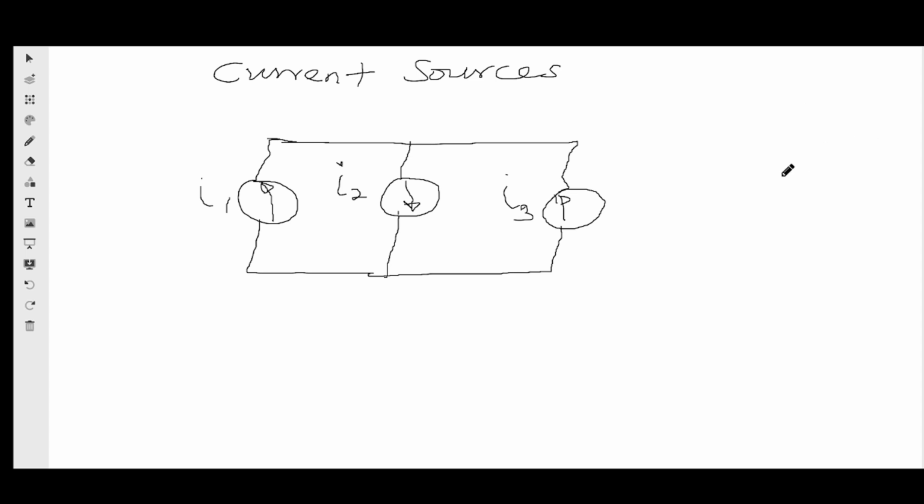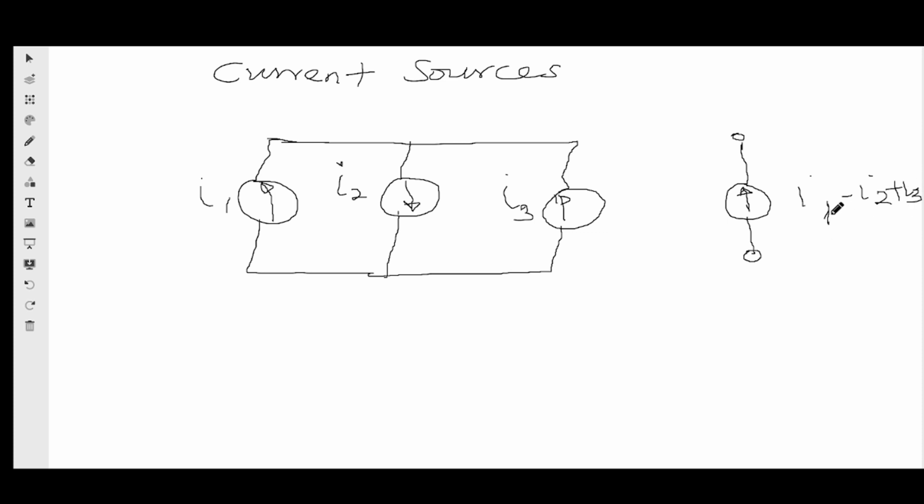So my resultant current source is going up. So what would that be? It would be I1 minus I2 plus I3.